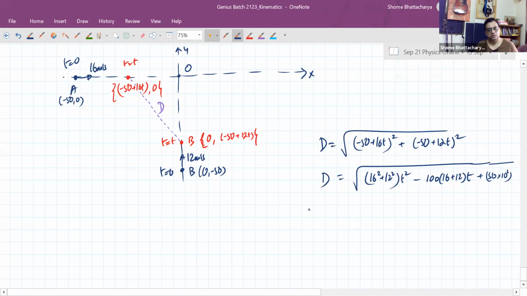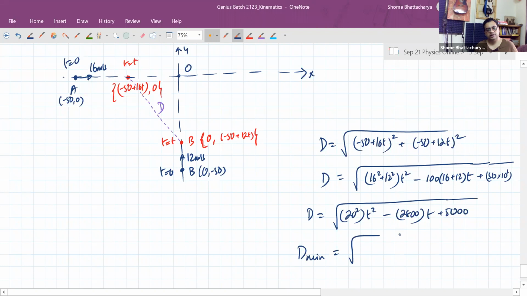So this t is something like this: 20 square t square, minus 2800 t plus 5000. So for the minima, we just need to calculate this whole quantity's minima. Just think of this like a function of time.